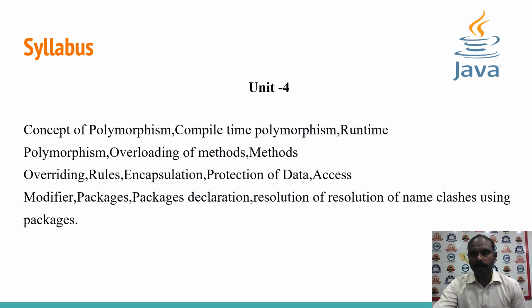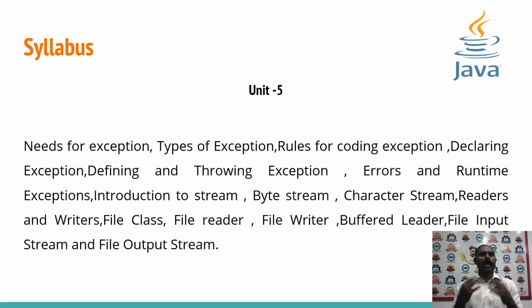And unit number 5 is all about exceptions. An exception is nothing but an error. How can you handle an error? For example, if you're working on a project with some complex calculation, and suppose you are dividing a number by 0, you know that it will create an exception, an error, and this exception can take your program into an infinite loop.